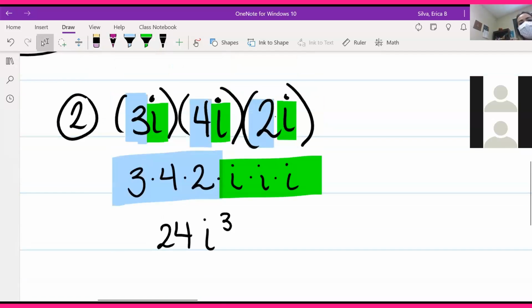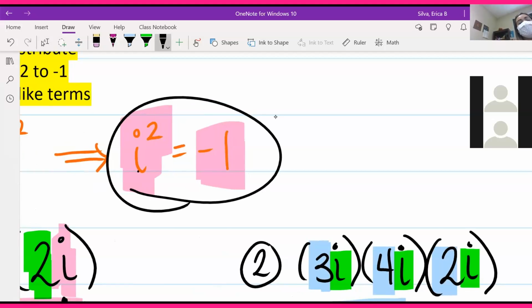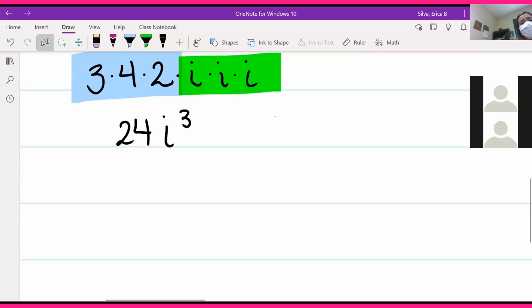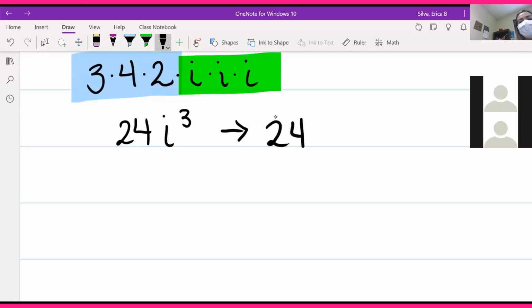But this one, remember we can change i squared to -1. So what I'm going to do is group 2 of the i's. So instead of saying 24 times i cubed, we're going to say 24 times i squared times i. Because this one changes to what number?